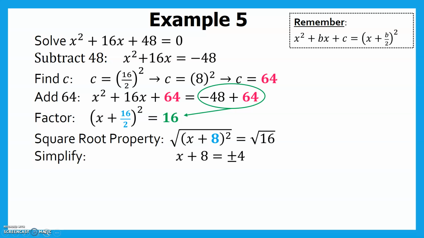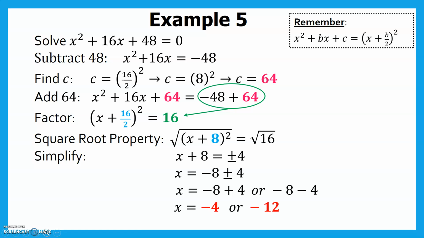I simplify. X plus 8 equals, well, 16 is a perfect square, so it's plus or minus 4. I subtract 8 from both sides, and I get negative 8 plus or minus 4. So that's negative 8 plus 4 or negative 8 minus 4. I can either add those in my head or use a calculator to get x equals negative 4 or negative 12.